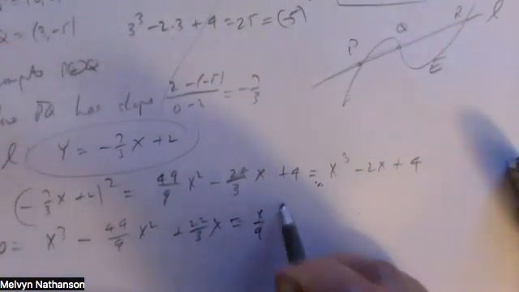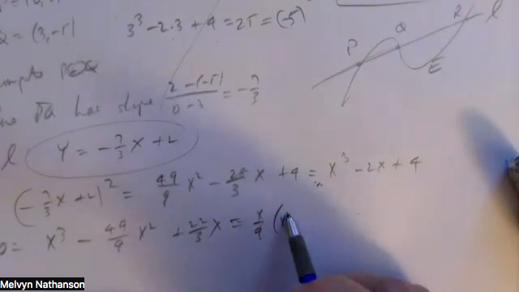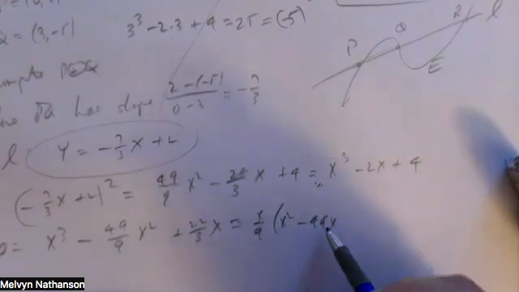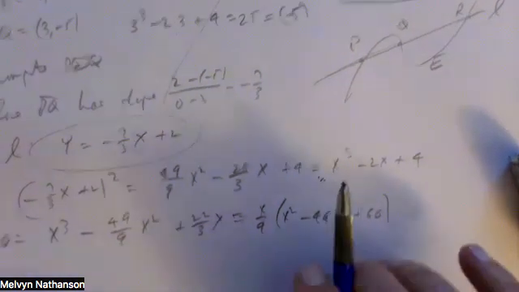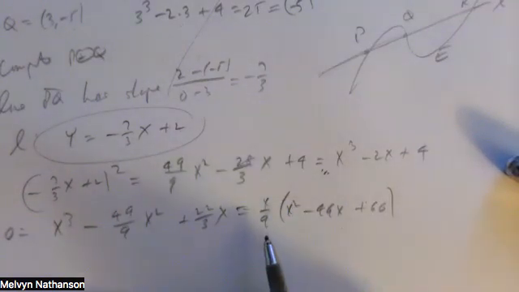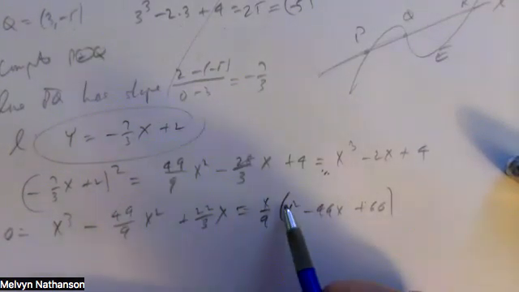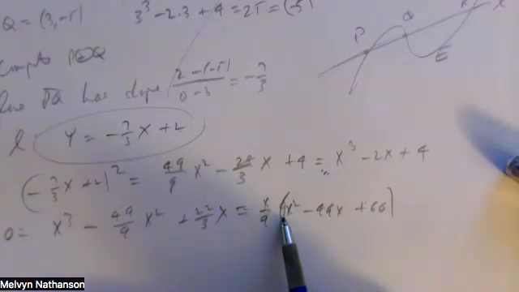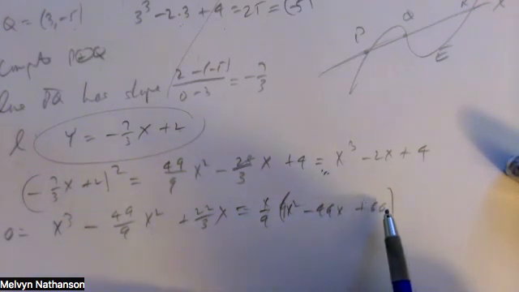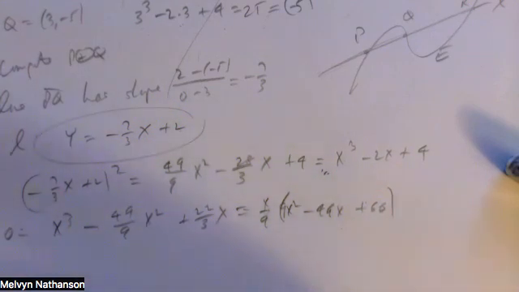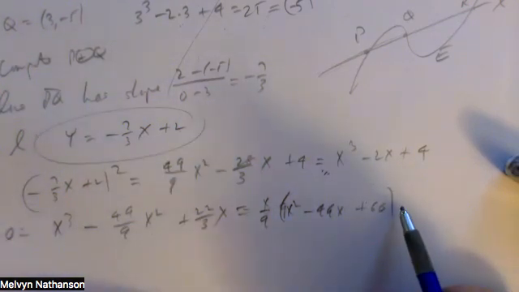So this is x over 9 times x squared minus 49x plus 66. See, is that right? x cubed, sorry, 9x squared, x over 9. 49 over 9 x squared. 22 over 3 x equals 0.